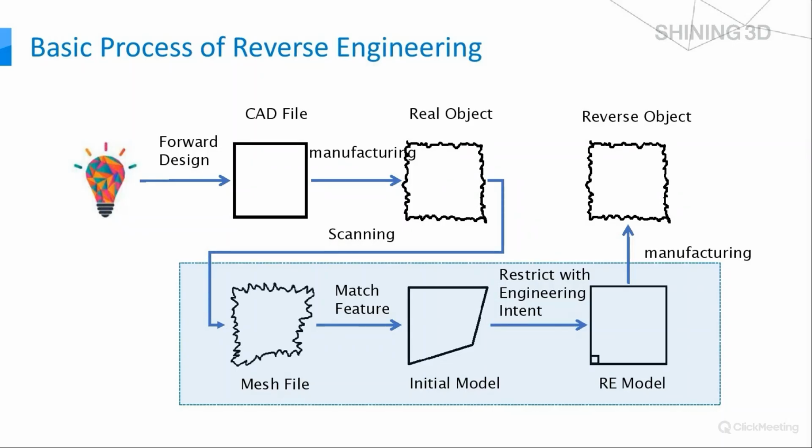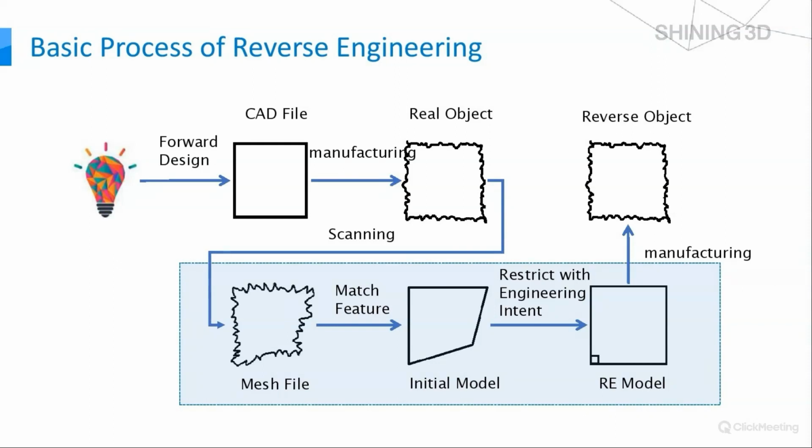And let's take a look at this workflow. Here I'm showing the full workflow for anything in the real world. Usually, if you have something like a mouse or a cell phone in your hand, it always started from an idea, right?